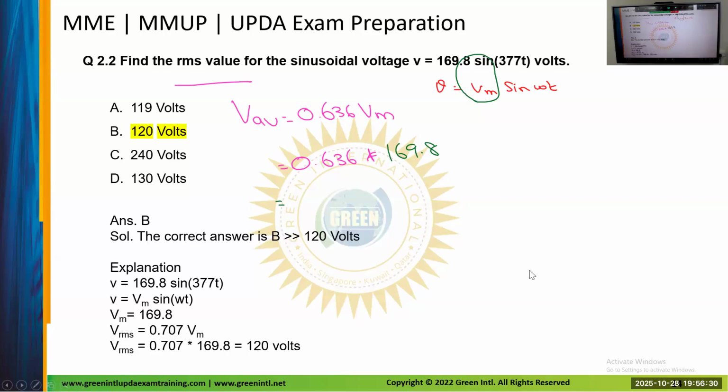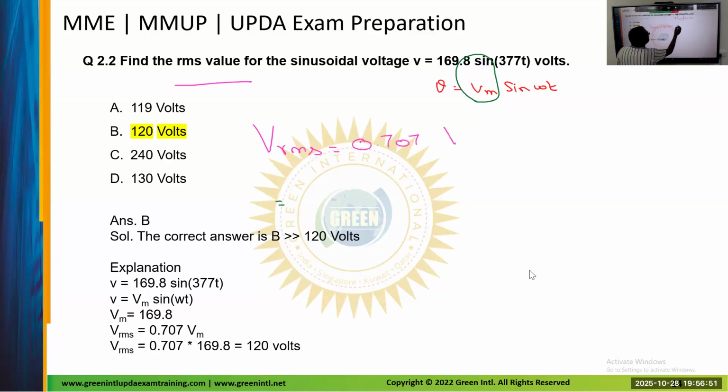Here, in the same question, they ask about the RMS quantity. So VRMS is equal to 0.707 Vm, which is equal to 0.707 into 169.8.